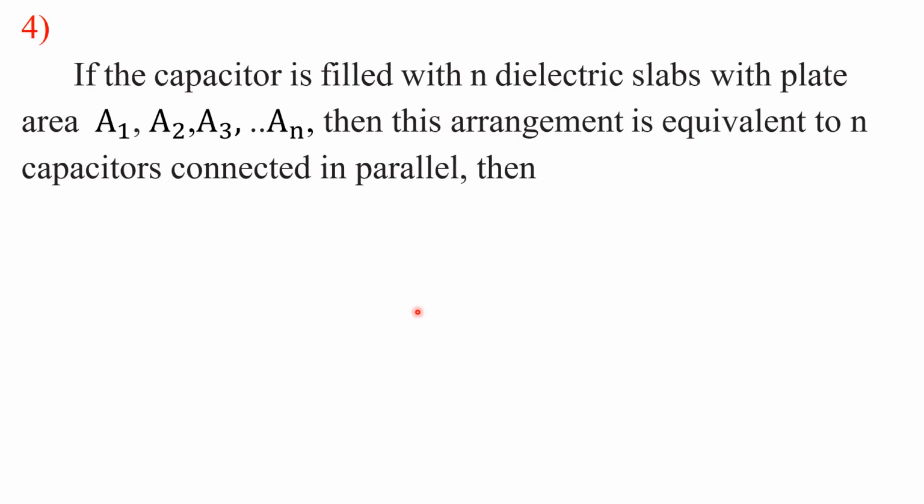Fourth case, if the capacitor is filled with N dielectric slabs with plate areas A1, A2, A3, here the thickness is the same but the area is different, whereas in the first case the area is the same but the thickness is different.